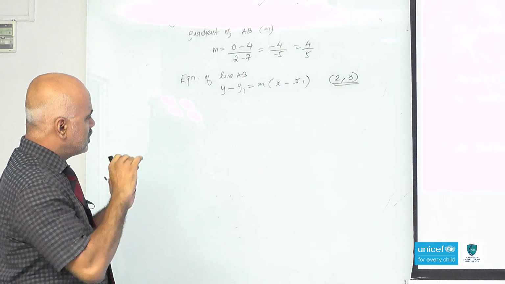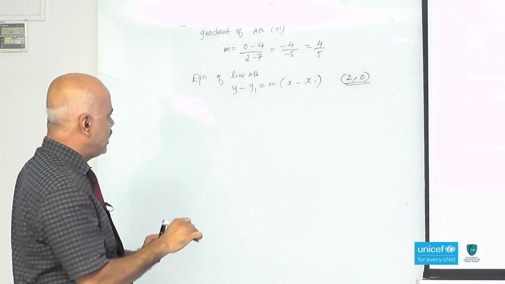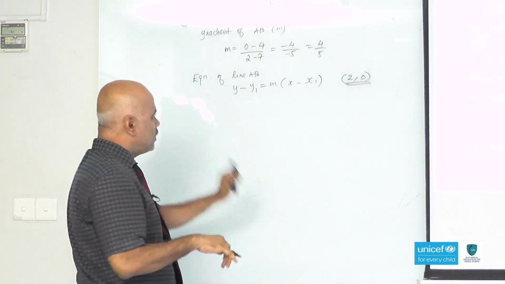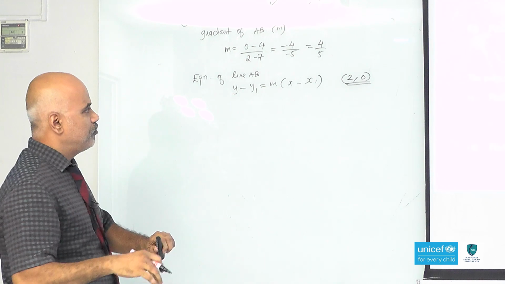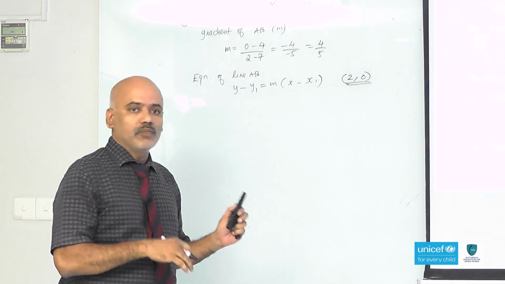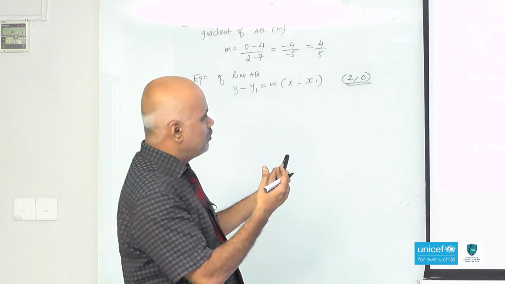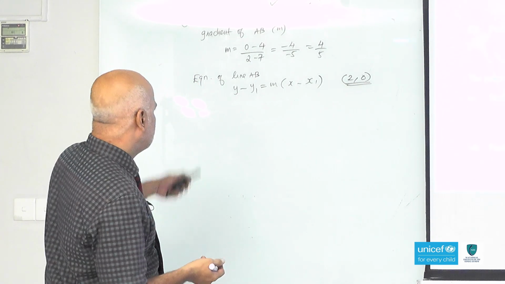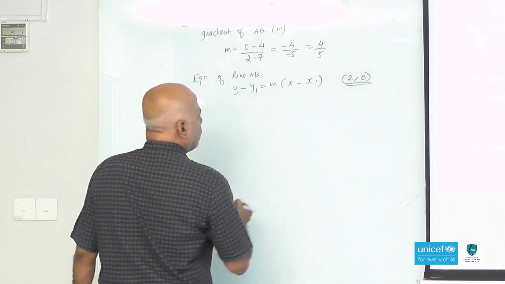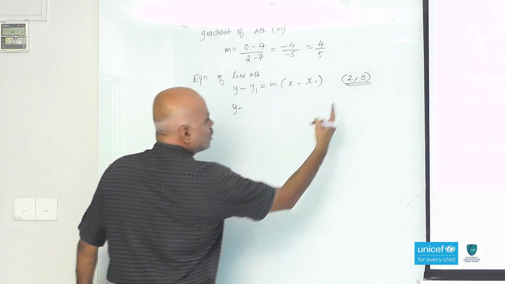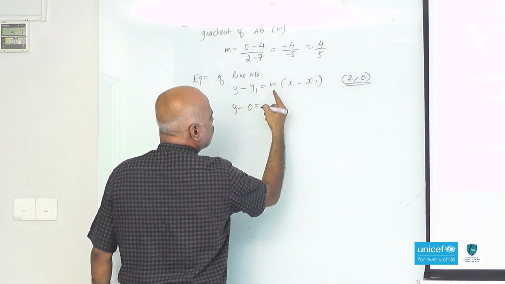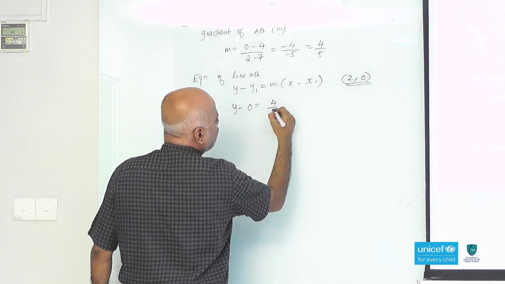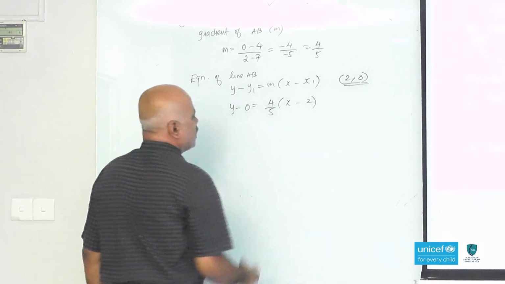It is always advisable for you to write the required content in that particular subdivision, because if you are dealing with a question that has got more subdivisions and more informations, the confusion may come up while answering it. So y minus y1 is equal to gradient is 4 by 5 x minus 2.